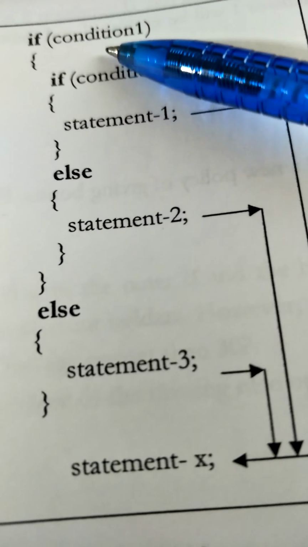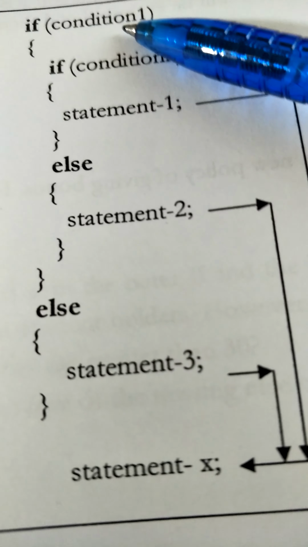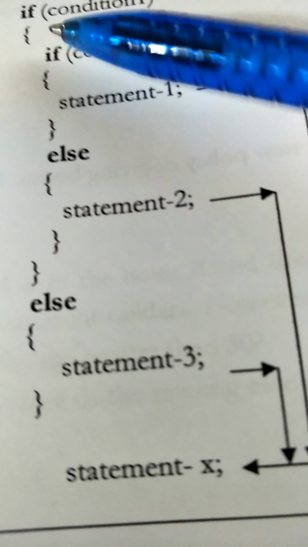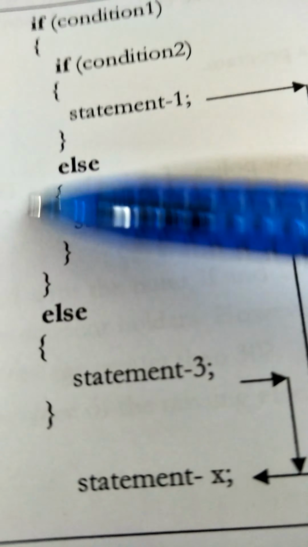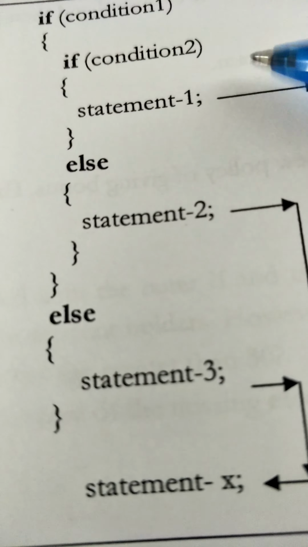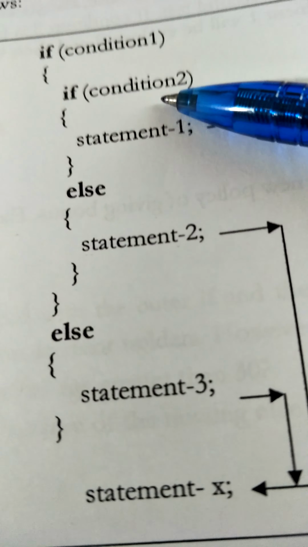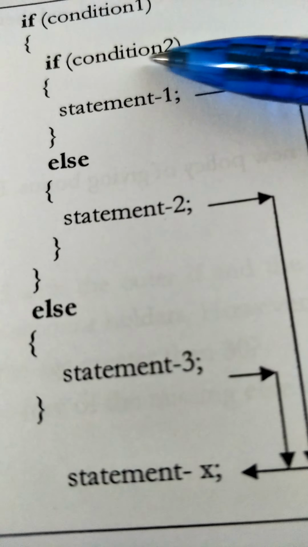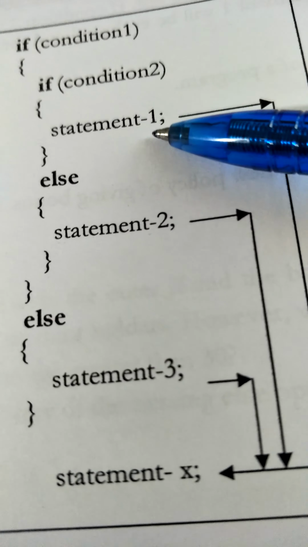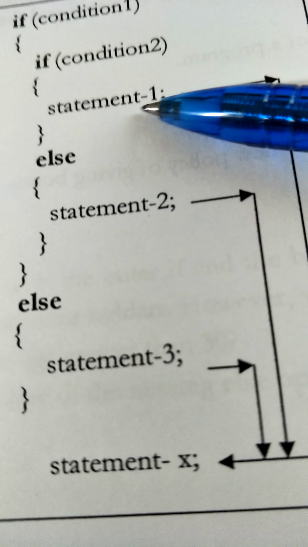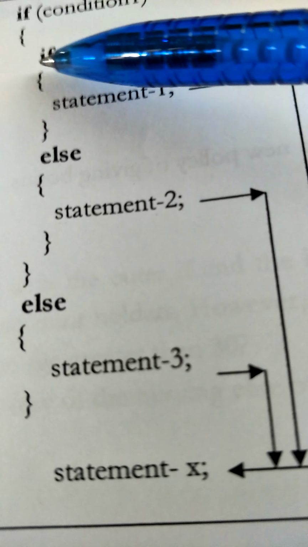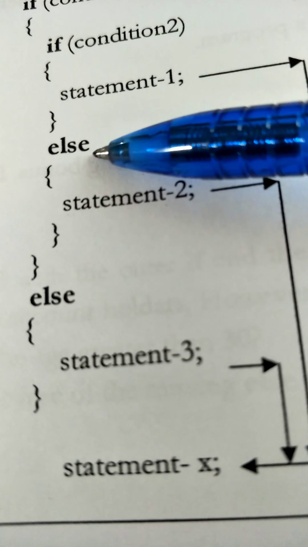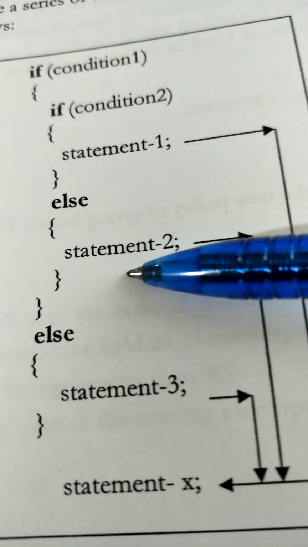So if the condition 1 is true, then it goes into the braces immediately after that if, and then it will do the second test, the condition number 2. If this statement is true, then we do statement 1. If this is not true, then it goes to the next else. Okay, so we do the statement 2.